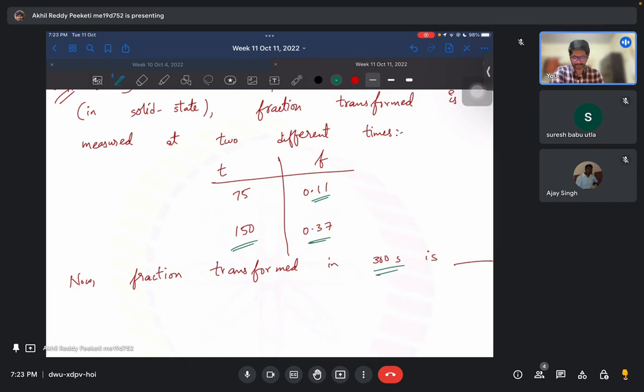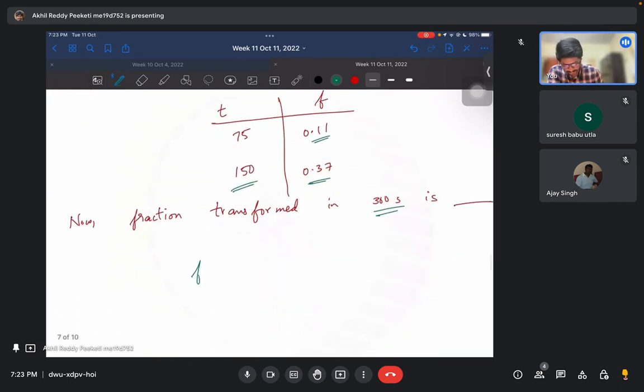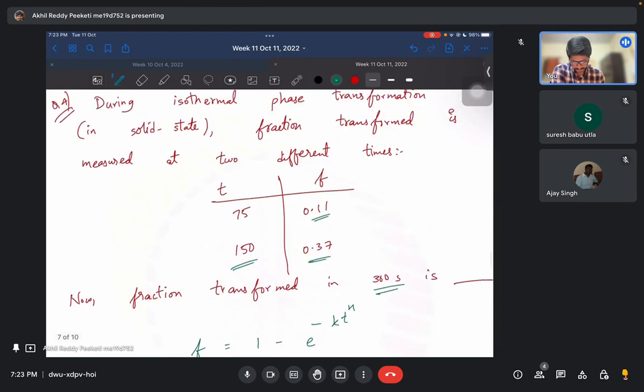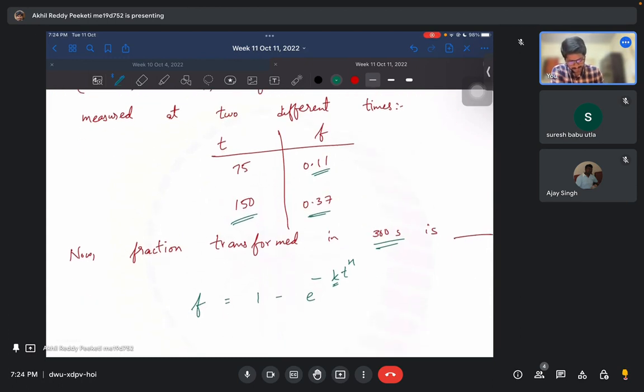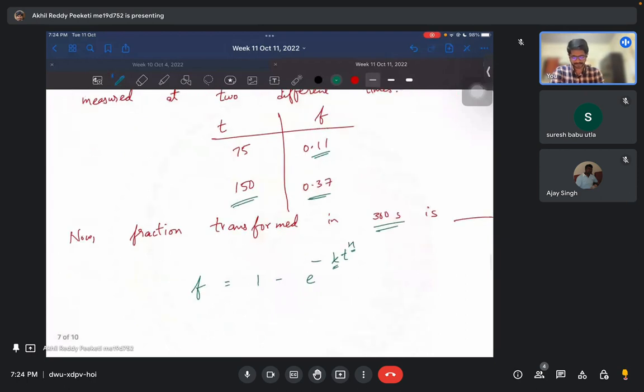In general, it is supposed to follow this law. So the fraction in terms of time usually follows this law. Now this k and n are the unknowns. To estimate these two, because we have two data points, we can easily estimate.